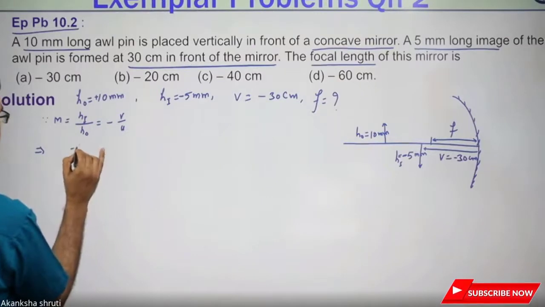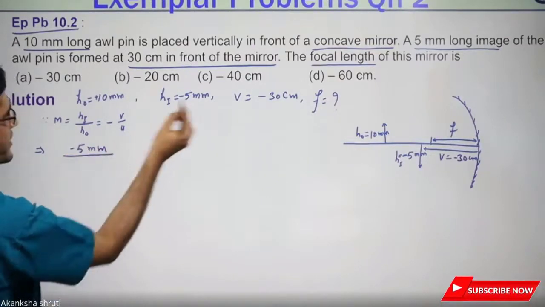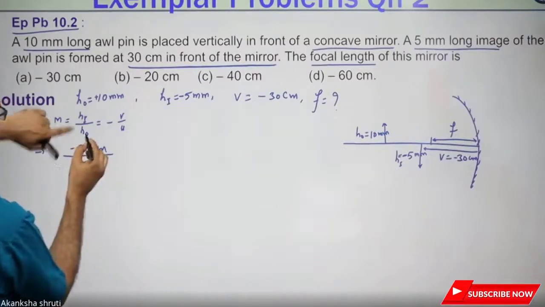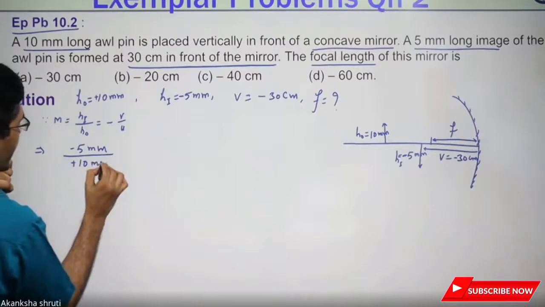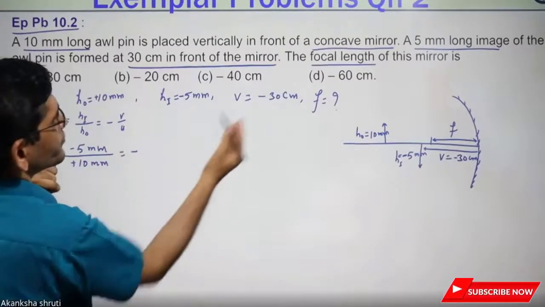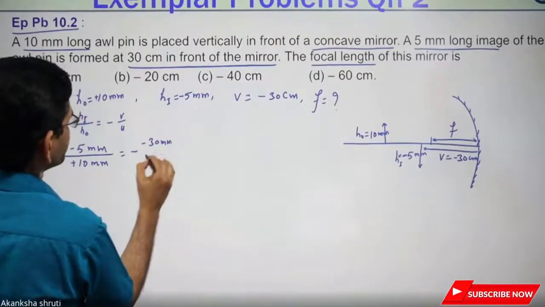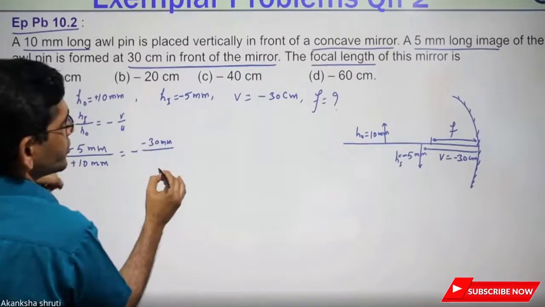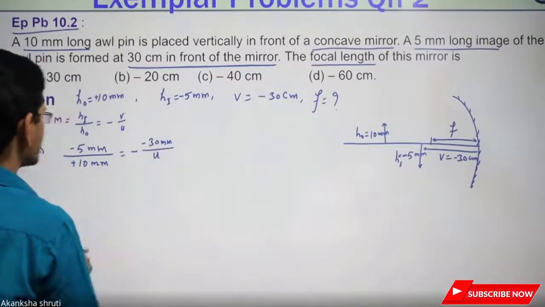HI is minus of 5 mm. We may keep the unit, don't worry for that. Height of object as plus 10 mm is equals to minus V is our minus of 30 mm, and U that we have to determine, keep this U as it is.